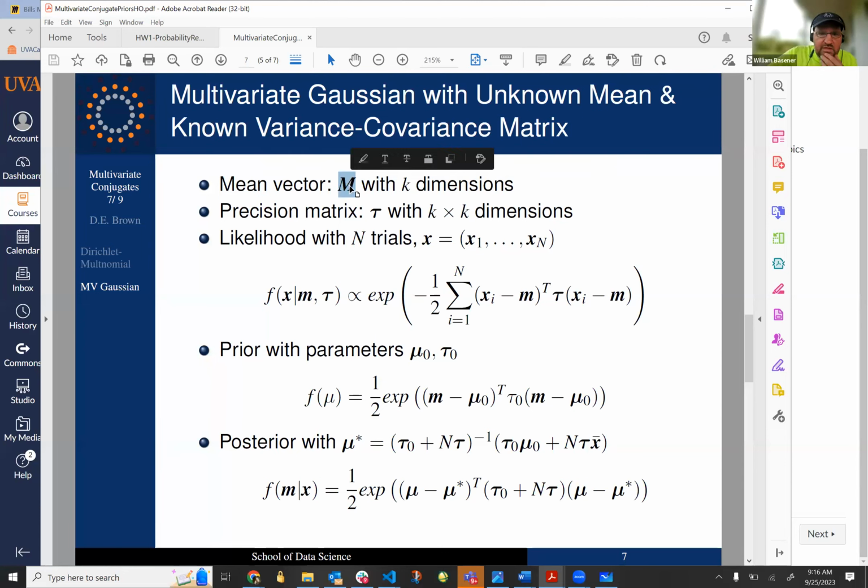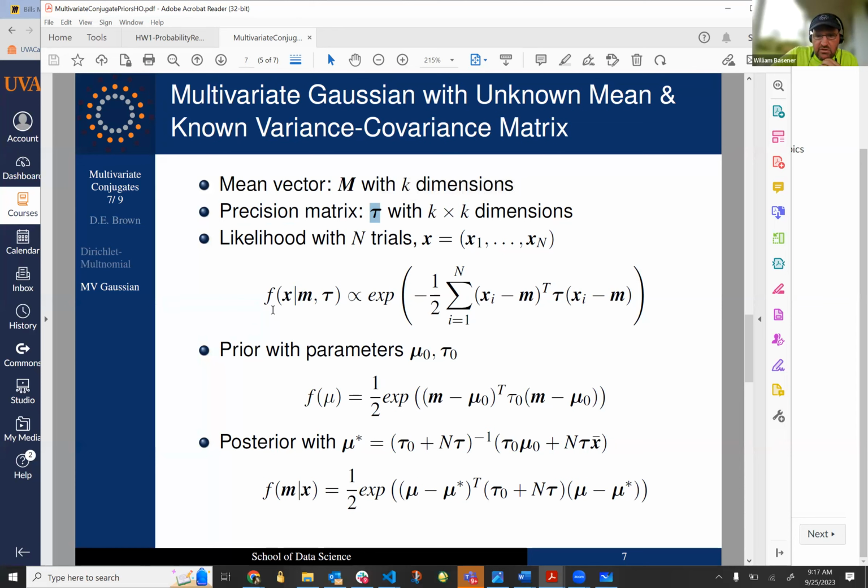That's the vector we already have. A precision matrix tau, k by k, and a likelihood with n trials. And tau is the inverse of the covariance matrix, right? The precision matrix is the inverse of the covariance.